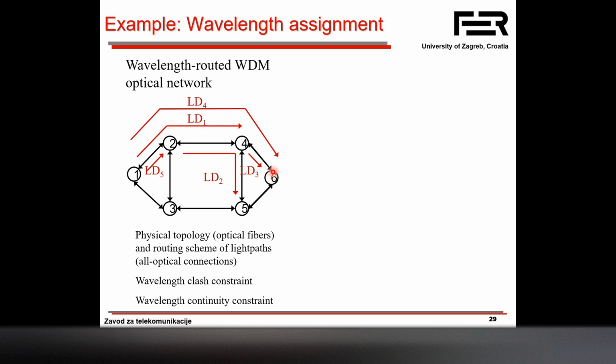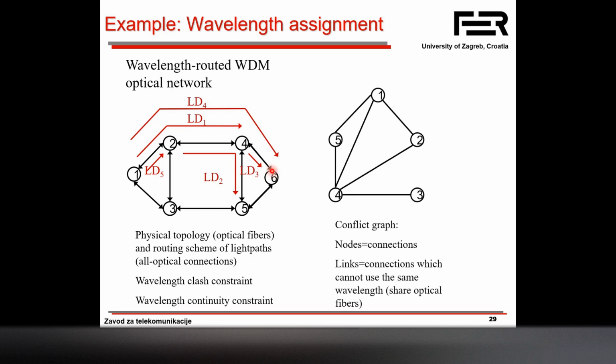And what we can actually create here is something that we call a conflict graph, where the nodes in this graph represent these different connections, these different light paths, LD1, 2, 3, 4, and 5. Okay, so these are our nodes. And the links are connections which cannot use the same wavelength.